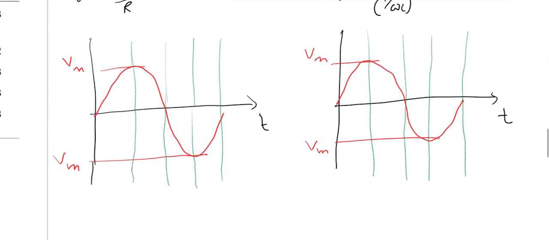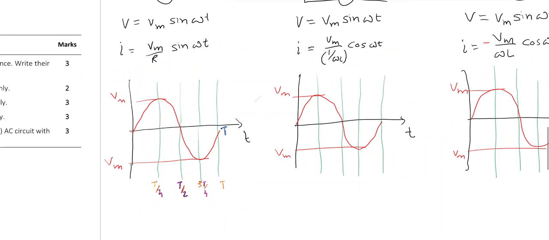See, this time is T. This is half of the time period, T by 2. This is T by 4. This is 3T by 4, and this is T or 4T by 4, you may say.